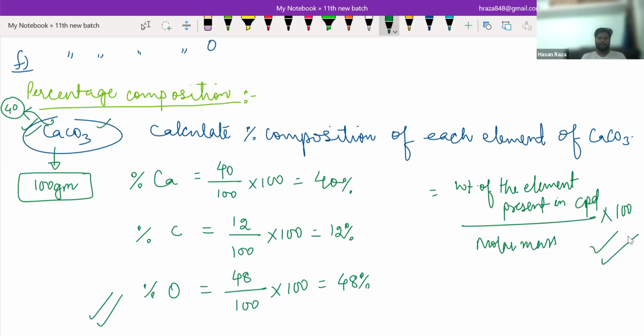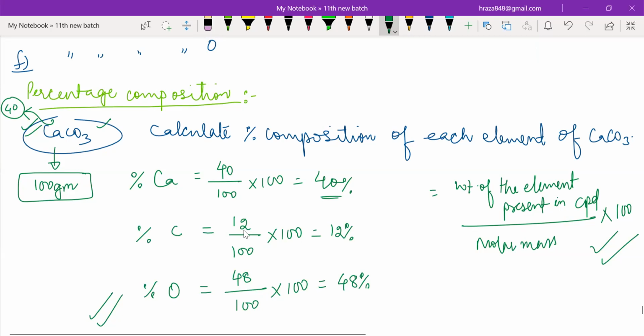Got it or no? Sir, is it just in this case that the mass is also equal to mass percent, or is it in every case? Like for calcium, 40 is the mass and 40 is the mass percent also. No, it's just in this case. I just took an example where it is a perfect number, but when you talk about H2SO4, the number will not be that good. It won't be 40%.